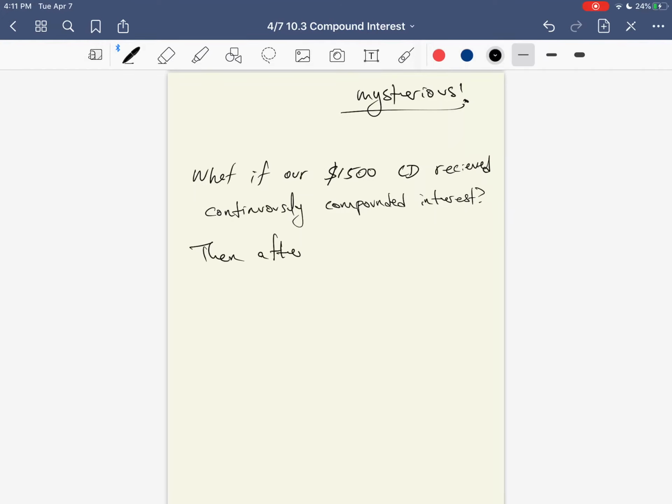Then after 15 years, we have F equal to 1500, our principal, times e to the r, which was 0.048, right? Our 4.8% APR, times t, now the number of years, which is 15. What's interesting is we can use this formula even if we don't have a whole number of years. We could have a CD for 2.5 years and still calculate the interest compounded continuously like this.